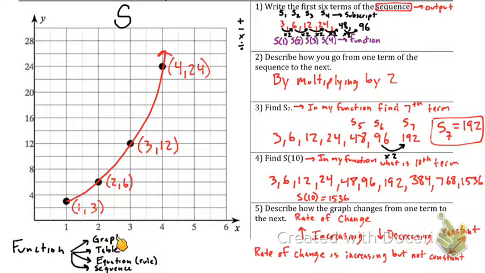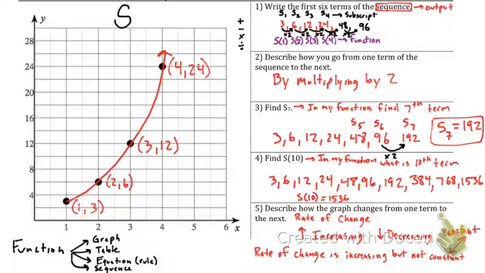And when you have a function, you can turn these different versions into each other. Tables can turn to graphs, equations can turn to a table, a sequence can turn back into a graph, okay? The other thing I want to mention is when we have a sequence, we're really just talking about the output part of our function. The input-output, we're looking at the output part, okay?